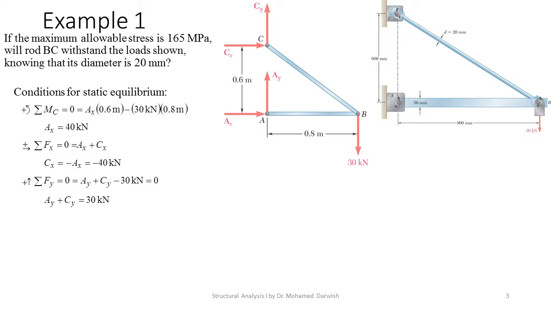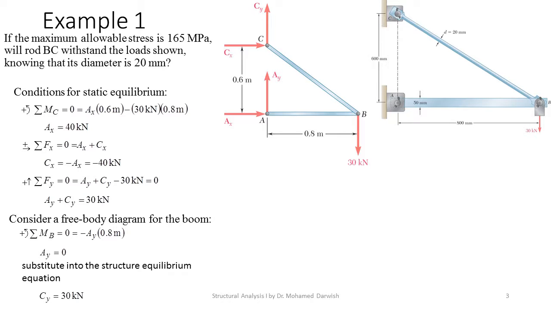First we will get the reactions Ax, Ay, Cx, Cy, and from the equilibrium equations, we'll find that Ax equals 40 kilonewton, Cx equals negative 40 kilonewton, Ay equals 0, and Cy is equal to 30 kilonewton. Then we'll solve joint B by the method of joints.